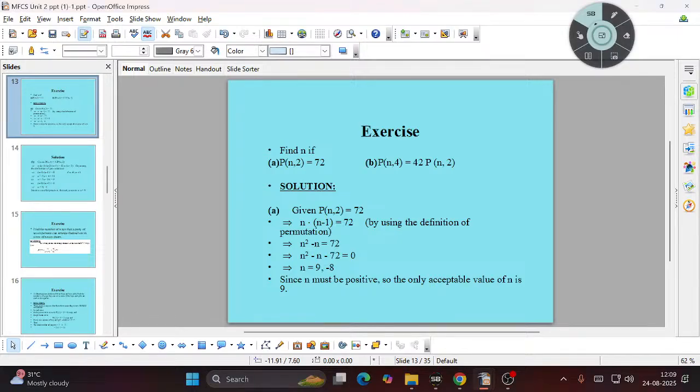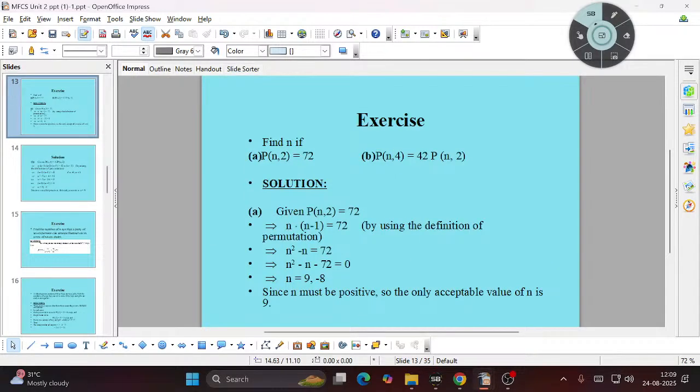Write down this one. Find n if P of n comma 2 is equal to 72. See, this is important. So please take it down step by step. You remember this one? P of n comma 2. So what you are doing here? n comma 2 means n into n minus 1.